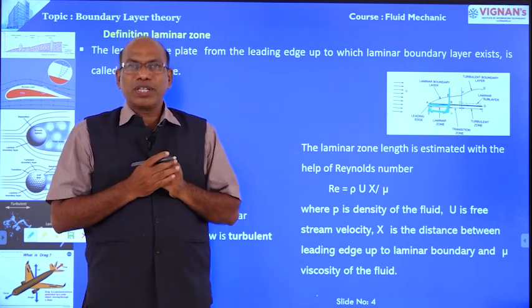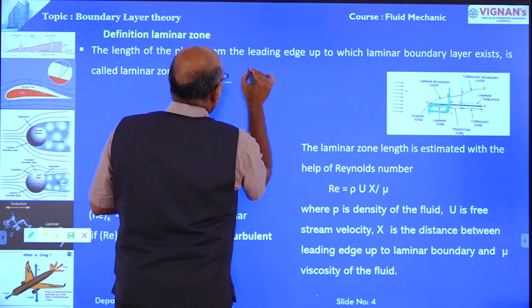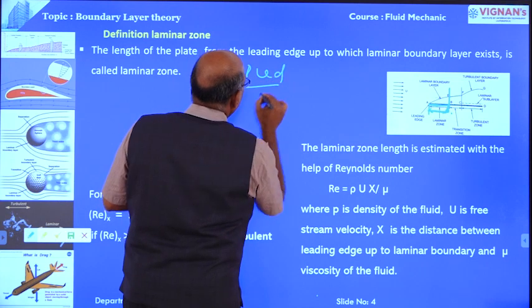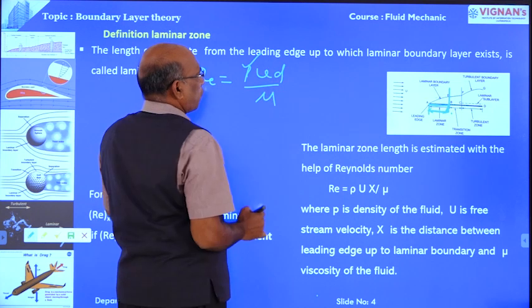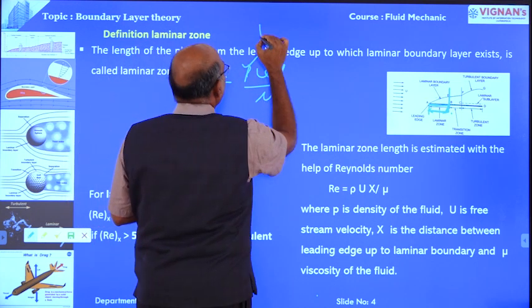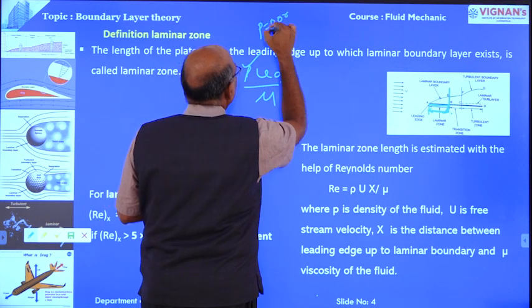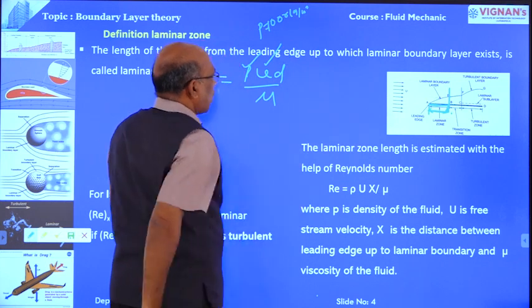What is the formula for the Reynolds number? Re is equal to rho V d by mu. Rho is the density of the flowing fluid. Suppose water, rho equals 1000 kg per meter cube. V is the velocity of flow.